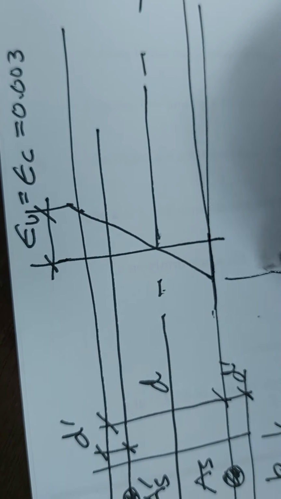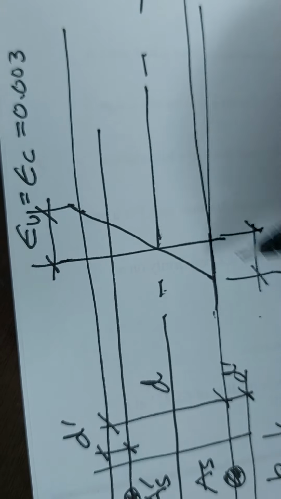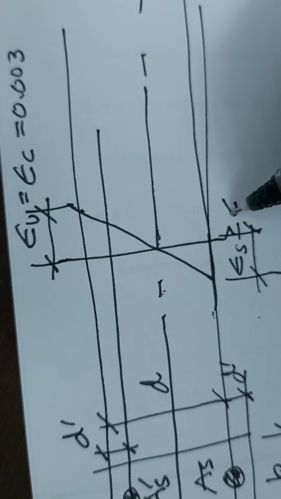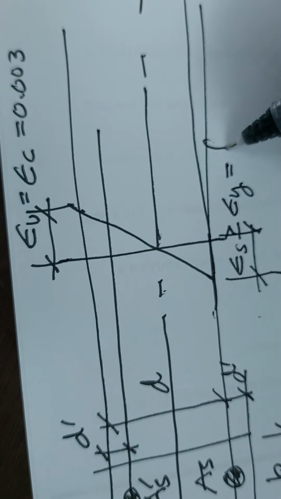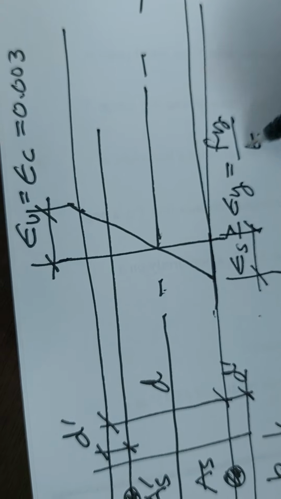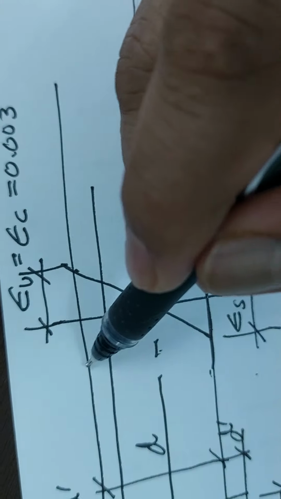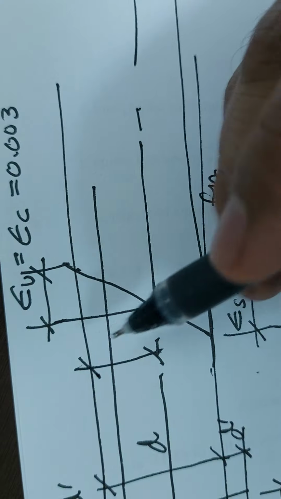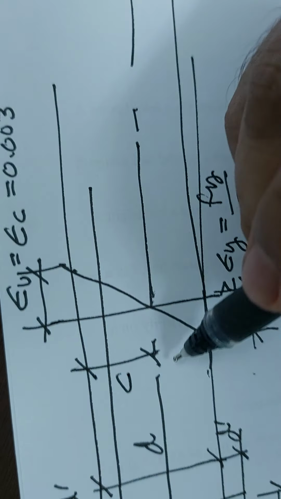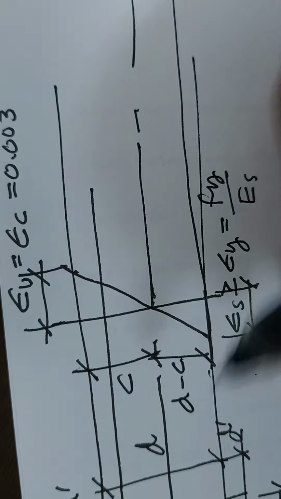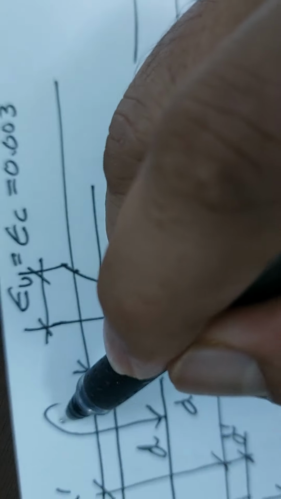Then for steel, tensile steel, ES must be greater than the yield strain equal to Fy divided by ES. Then the distance of the ultimate strain in concrete is C, while that of steel is D minus C. Therefore, steel is below the neutral axis.